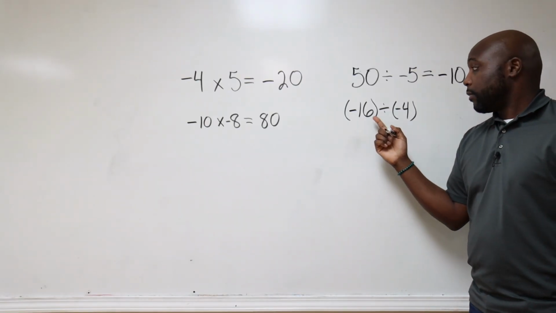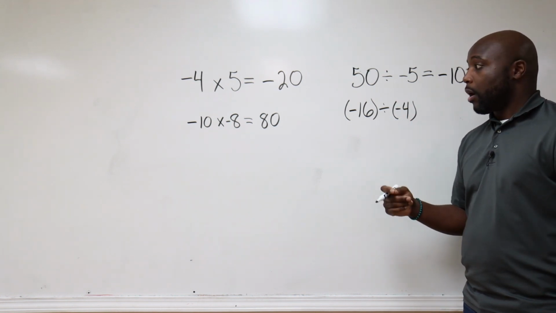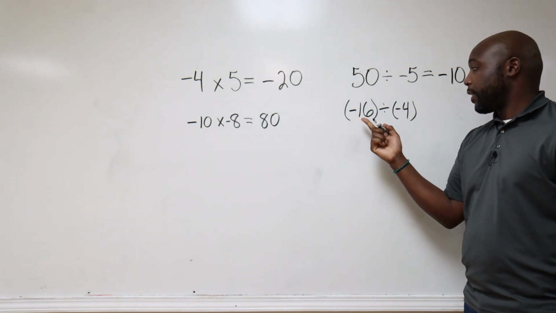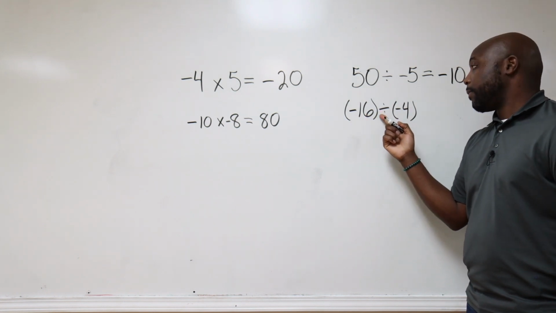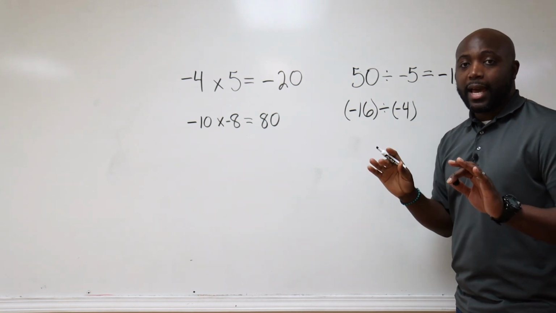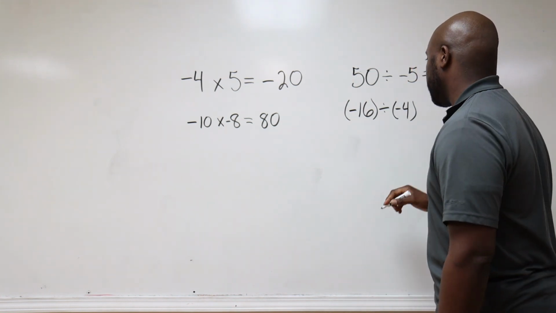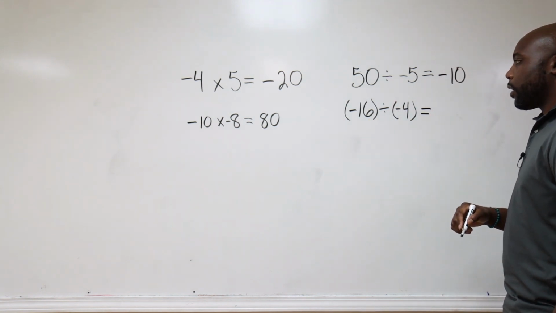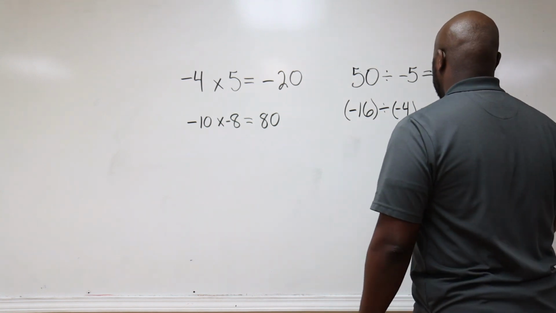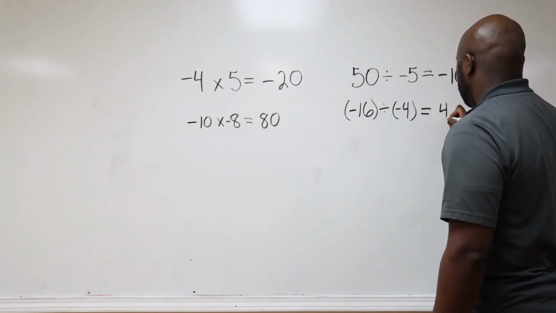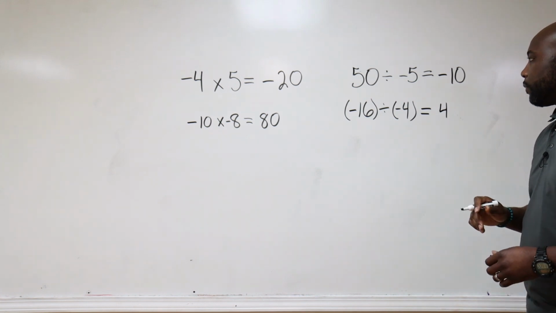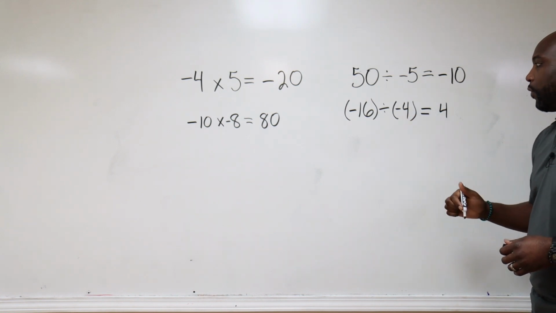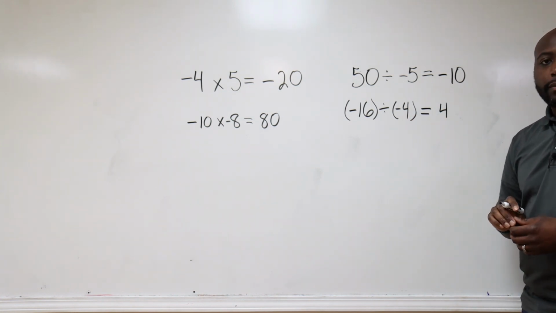So -16 divided by -4, our rule says that anytime I have a negative number that is multiplied or divided by another negative number, that's going to give us a positive number. That positive number is how many times 4 can divide into 16, and that will be 4. So negative 16 divided by negative 4 is simply 4.